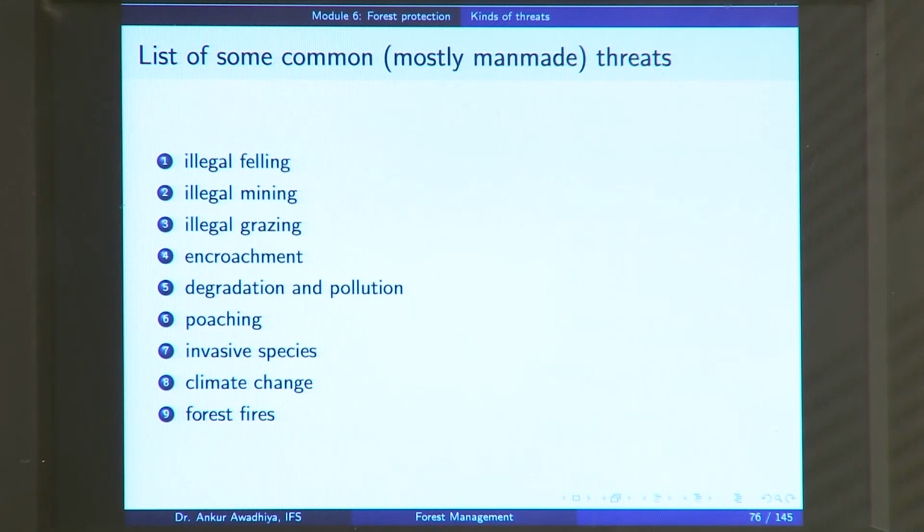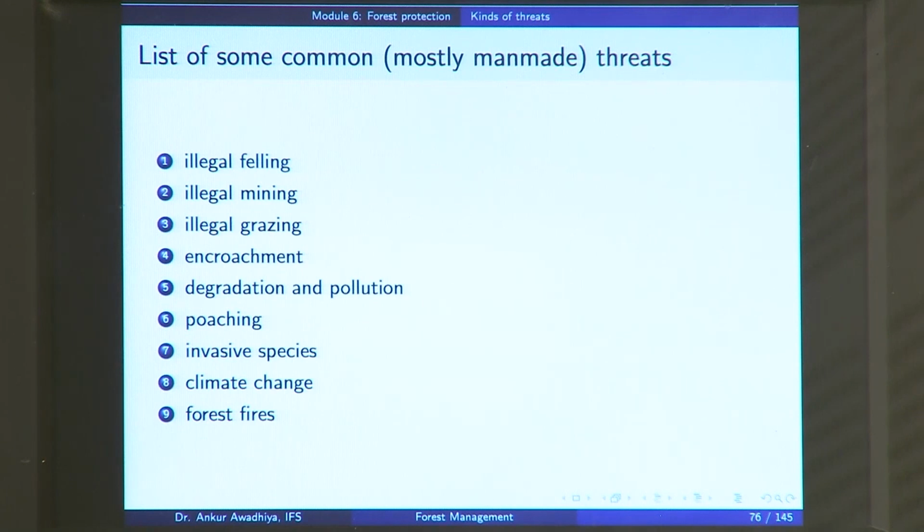So, we have a requirement for a number of resources, and because of an excess of requirement there is illegal felling of trees. We have had situations where people go into a forest, especially at night. They enter inside, fell a tree, take it out, convert it into timber, make planks out of it, and in the night time itself this tree would be smuggled out of the area, probably even out of the district.